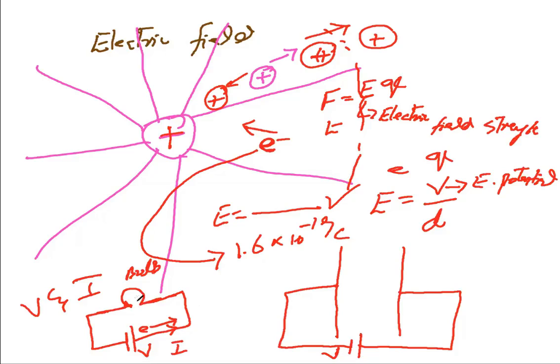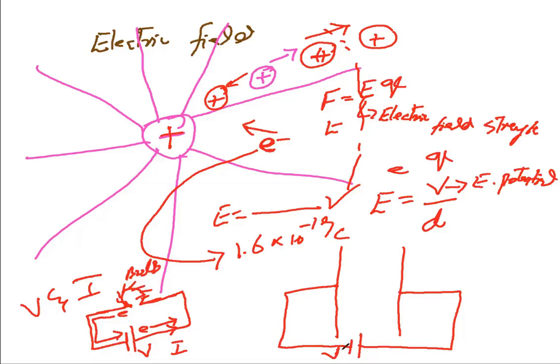Here the electron will deliver the energy which it got from this terminal. After delivering energy to this bulb, the electron will go again toward this terminal. That energy is converted into light over here. We get light from this bulb. So your voltage is actually the energy.